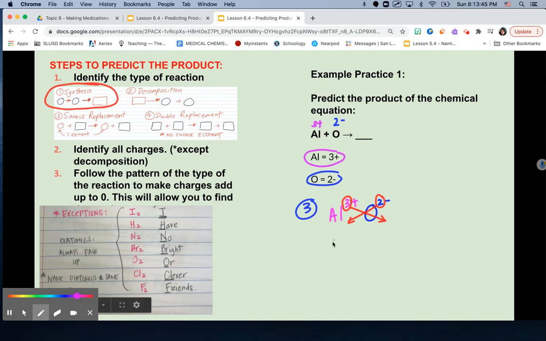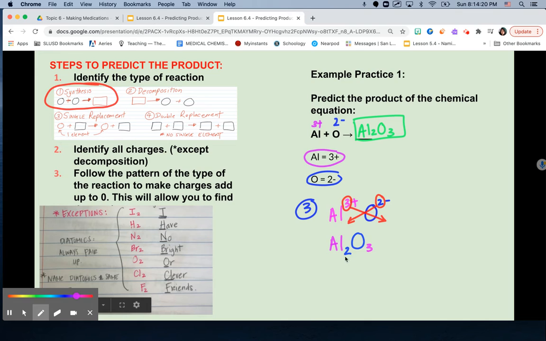So to rewrite everything, Al, the 2 from O, is going to go down here, and then I have O, 3, right? So therefore, my product at the very end is going to be Al2O3.